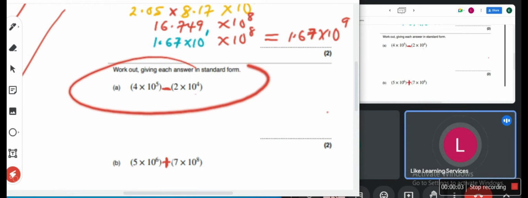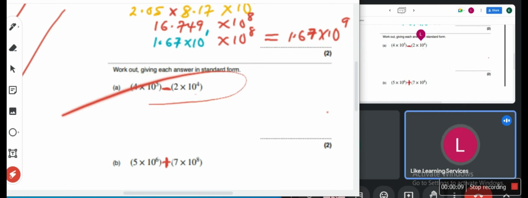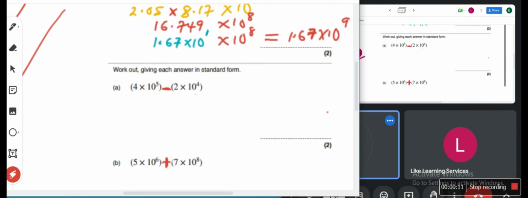So for this, you can change this to actual numbers.